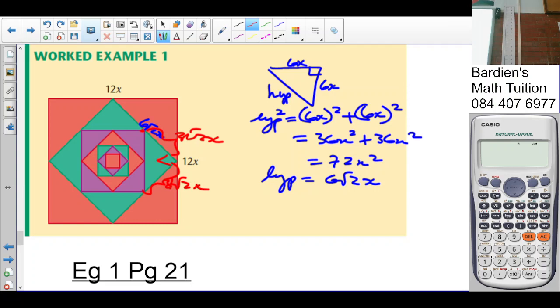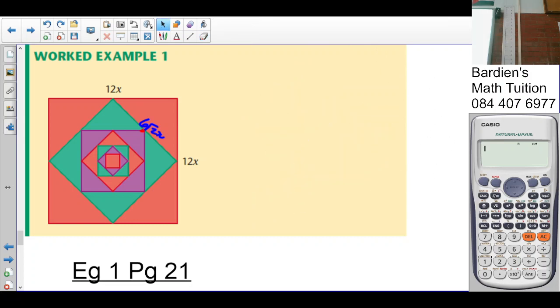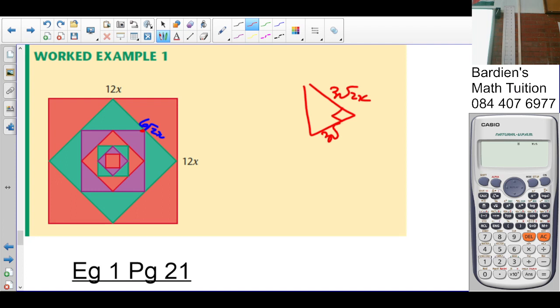To calculate the length of one side of the purple square, again I need to apply Pythagoras. However, the square is lying this way now. That is 90, and this was 3 root 2x, and that is also 3 root 2x. So again we're going Pythagoras. Here it's again your hypotenuse.